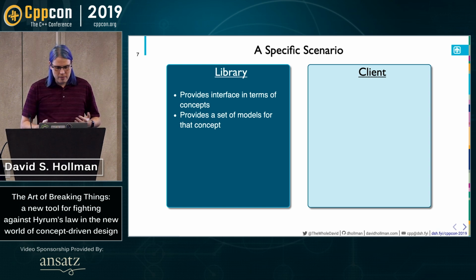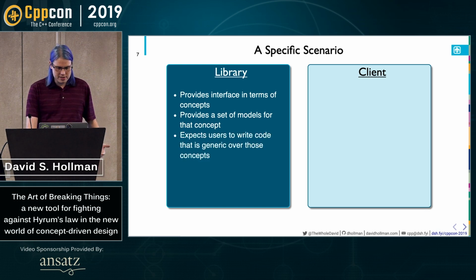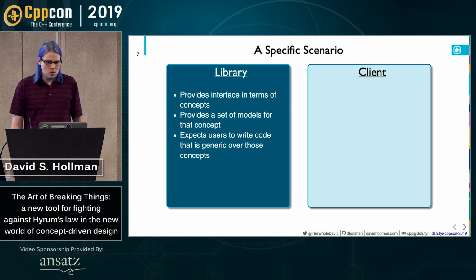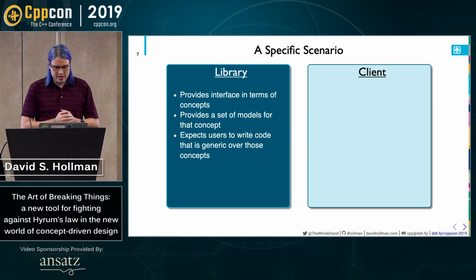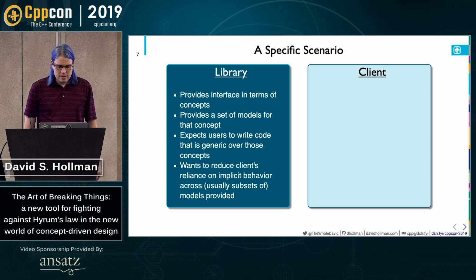So a library may provide an interface in terms of concepts and some models for those concepts, and it expects the users, their immediate clients at least, to write code that's generic over those concepts.